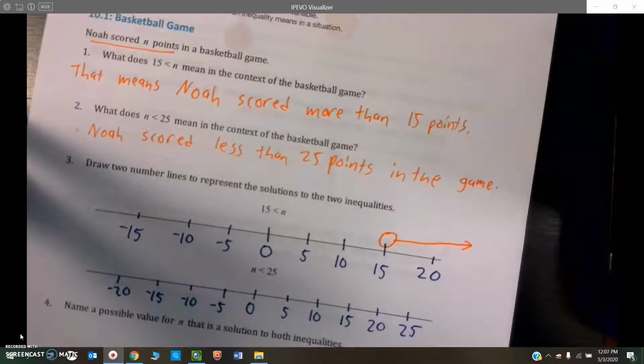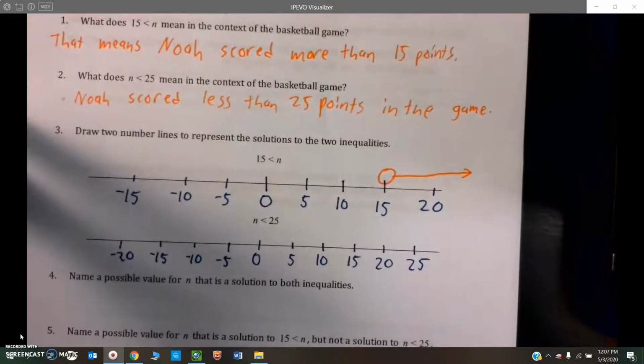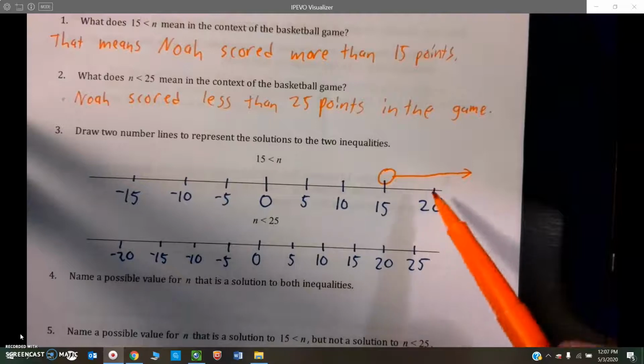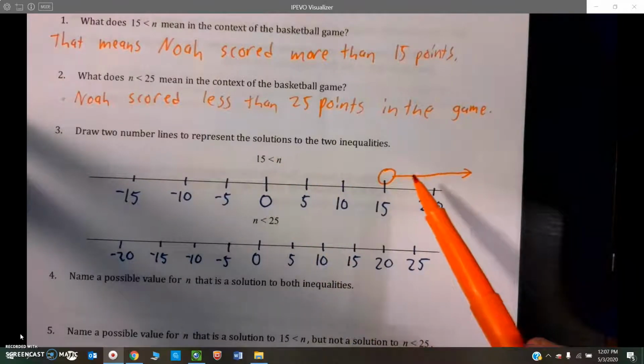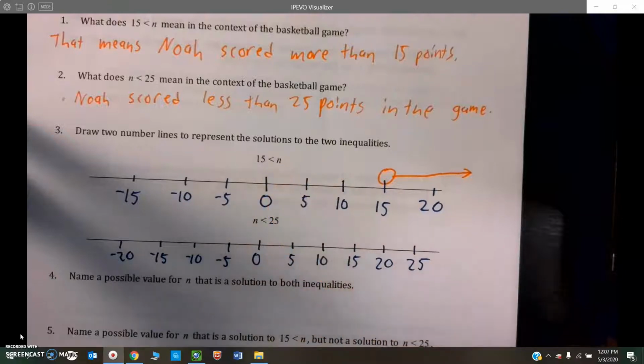So once again, this is an open circle because he scored more than 15 points. So he didn't score 15. He could have scored 16, 17, 18, 19, 20, whatever. And remember, in theory, this inequality goes on for infinity. So given this situation, in theory, we could say Noah scored 1,000,000 points. He didn't, but given this inequality, that is what it's saying to us.